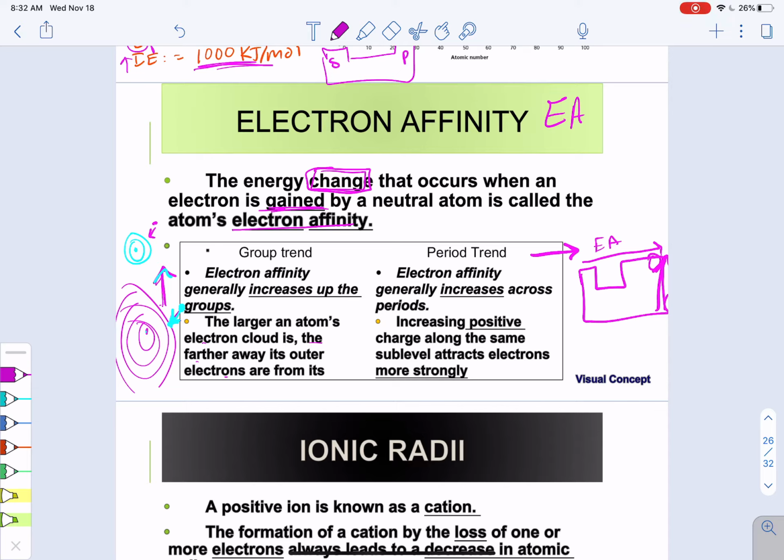Across the period, the electron affinity will generally increase as you go across because the increasing positive charge in the same sublevel attracts the electrons more strongly. It's the same reason we've talked about for the period trend: you have lower proton number and higher proton number as you go across, and they're both on the same level.